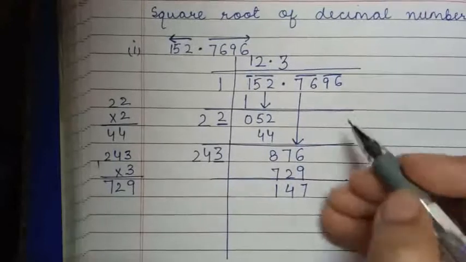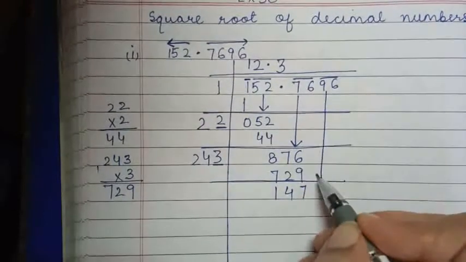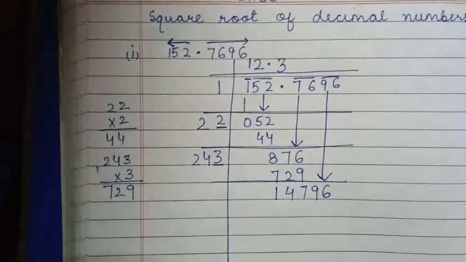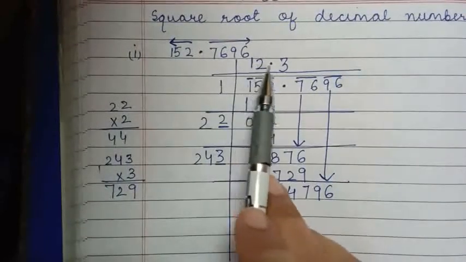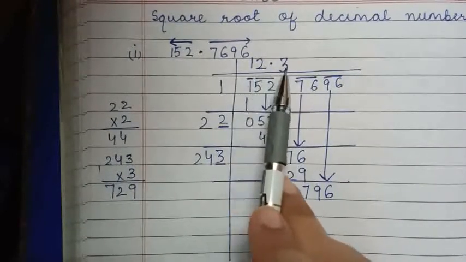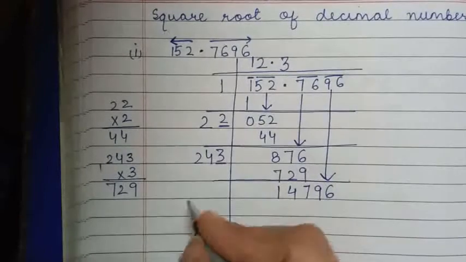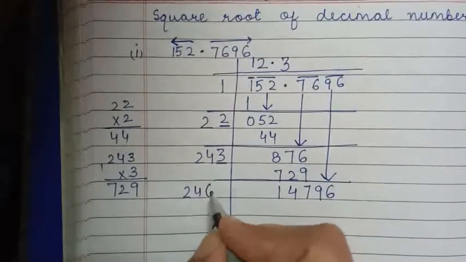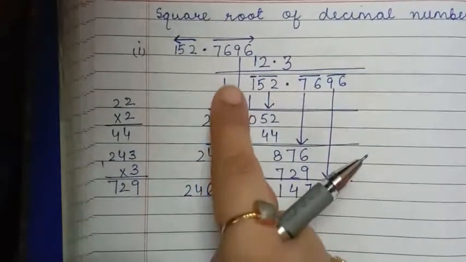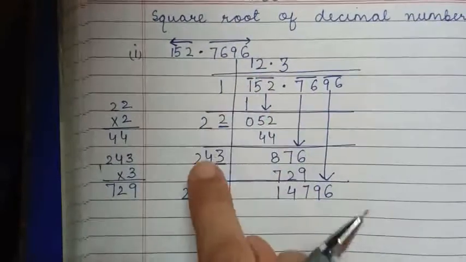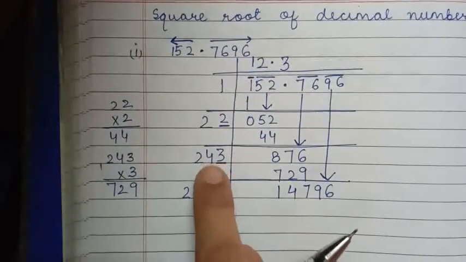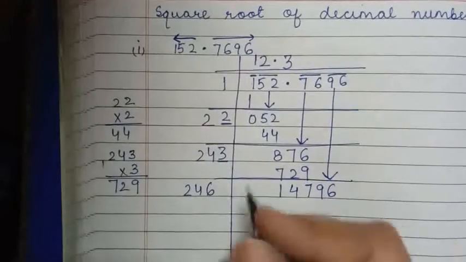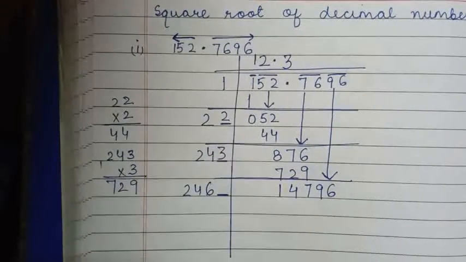Correct? Now copy the next pair, 96. Now it is 14796. The double of 123 will be 246. No decimal here, only the decimal stays above. When we double, we won't keep the decimal. Now after 246, which digit do we take?